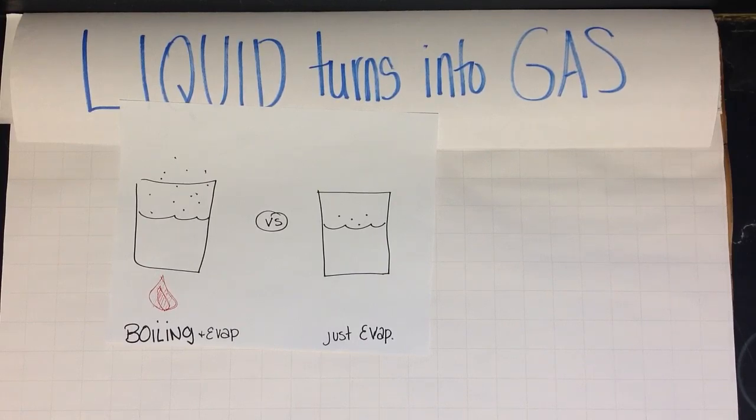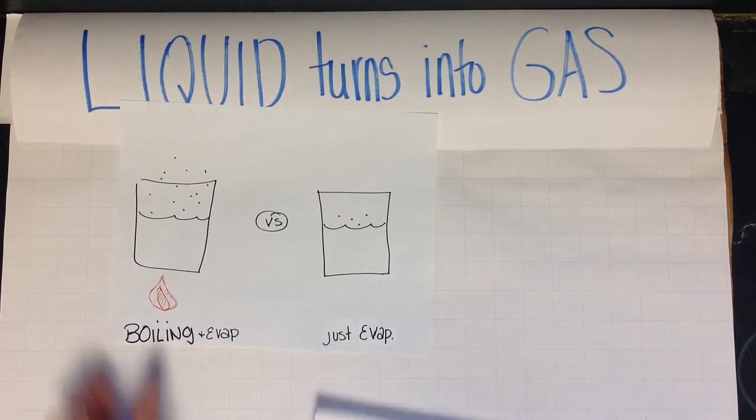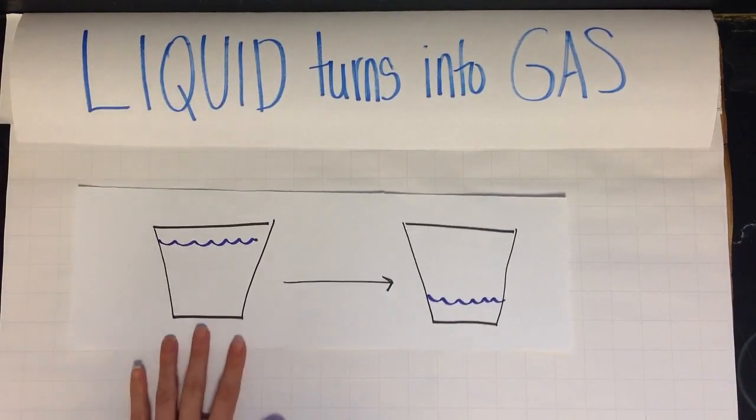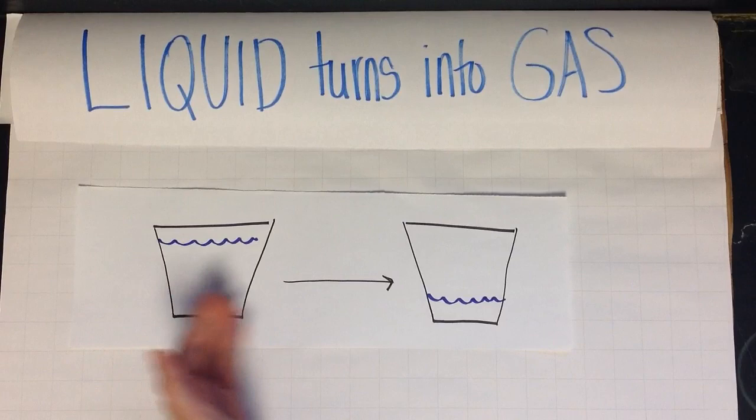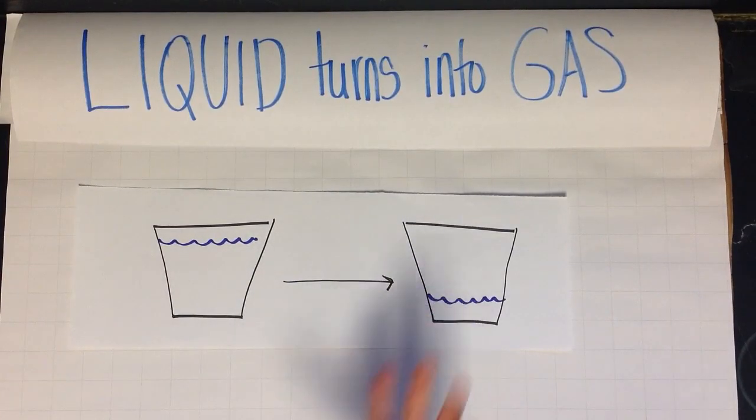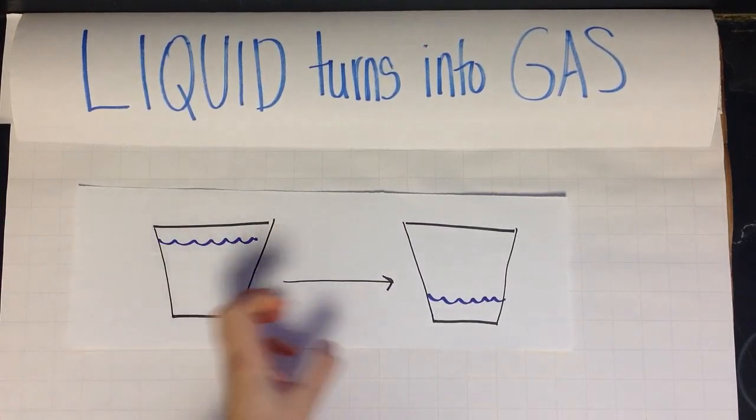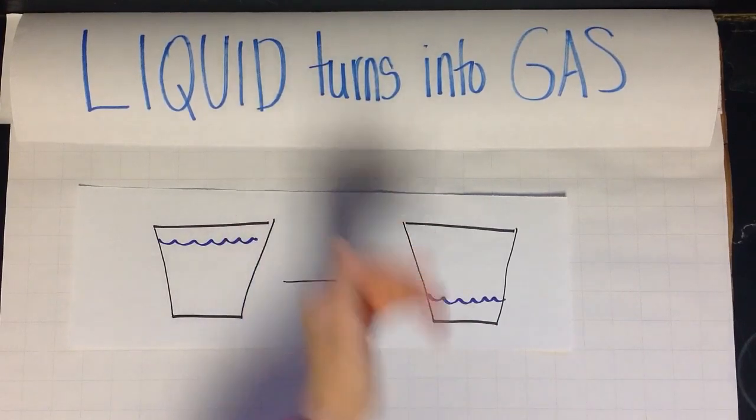I'm sure you've seen this on many occasions. If you've ever just left a cup on your nightstand, your cup might be full of water, and then you come back many days later and you notice the cup has decreased in its level. There's a lot less water. Where did that water go? Well, remember, like we just said, liquids evaporate.